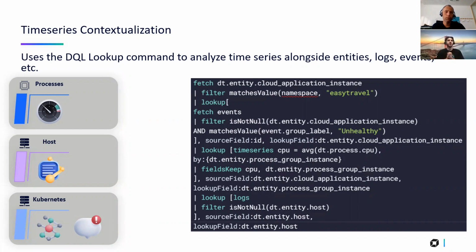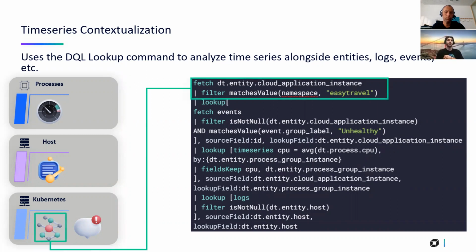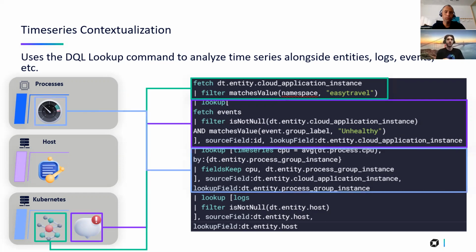So in this case, we are going to start by querying the cloud application instances, which is an application that's deployed to Kubernetes. Then we're going to query all the events that have happened on that application. Finally, we're going to look at the time series metrics for the processes that run that cloud application.